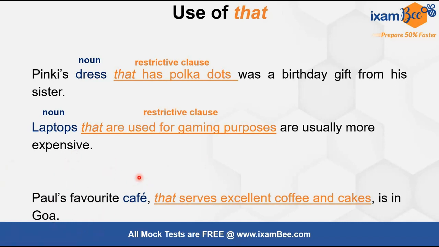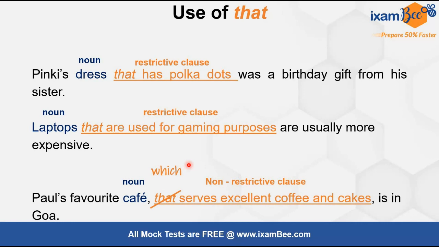So this clause is only adding information about Paul's favorite cafe. When we remove it, we still know that Paul's favorite cafe is in Goa, and that cafe also serves excellent coffee and cakes. So this is a non-restrictive clause. We can remove this clause and still the sentence will make sense. So the usage of that here is not correct. We will use which instead of that here.